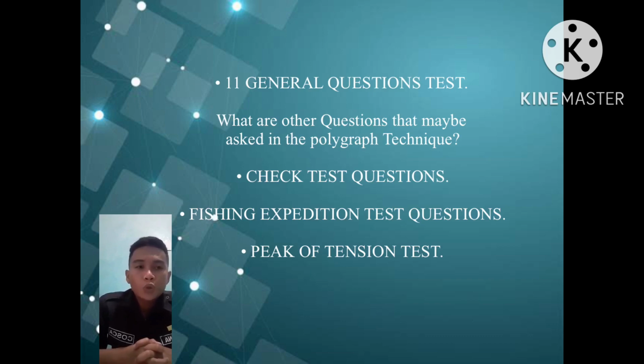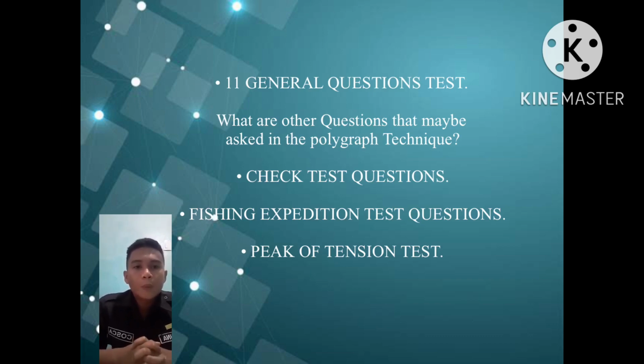In a known solution peak of tension test, the examiner knows which alternative is truly connected to the incident and evaluates the examinee's patterns of responses for evidence of involvement in the incident.